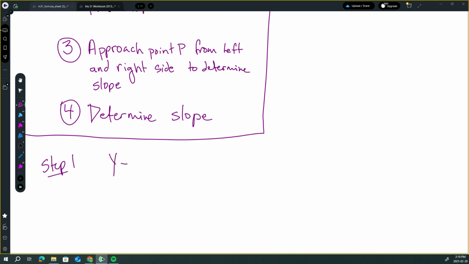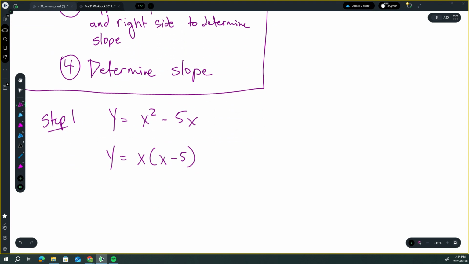So step 1, y is equal to x squared minus 5x. If we factor that by dividing both terms by x, we get x times (x minus 5). Okay. And like I said before, because of the coefficient on the x squared term being positive, this parabola opens up.